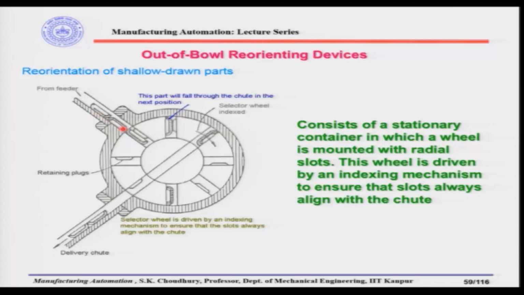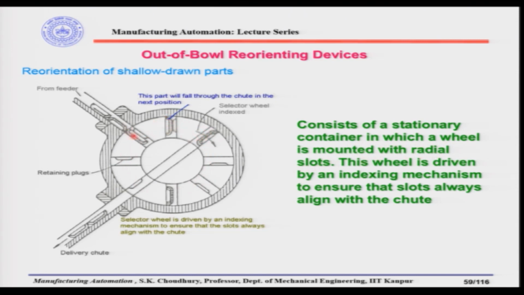Therefore, all the parts, whether they are coming to the orienting device with this orientation or with this orientation, we will always be getting the parts with the desired orientation, which is the open side up. Now, this consists of a stationary container, and in it a wheel, the selector wheel, mounted with radial slots.